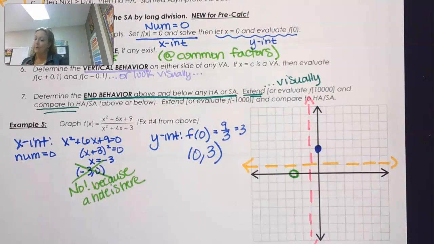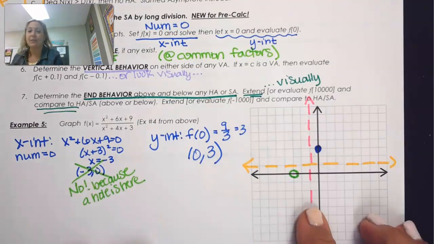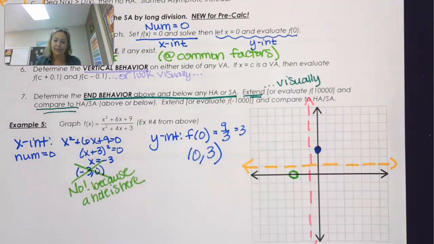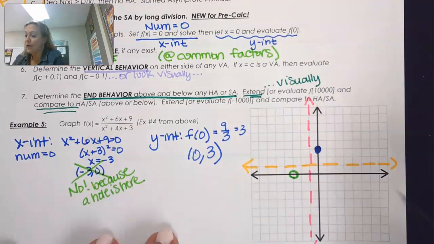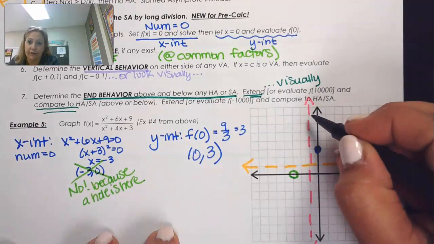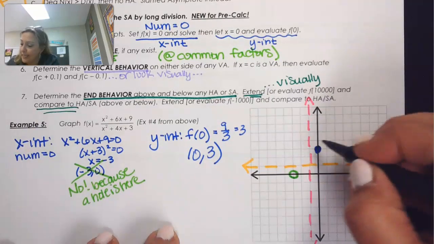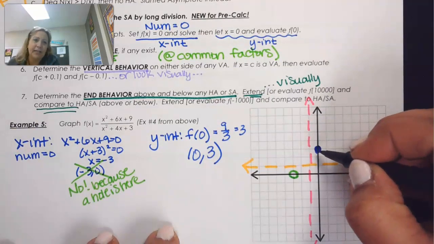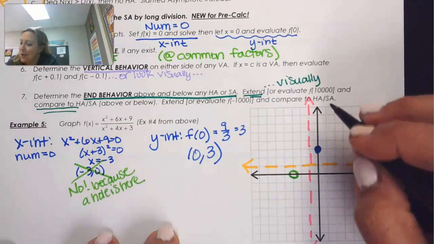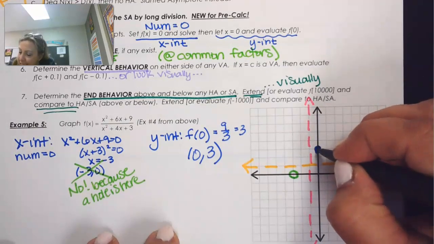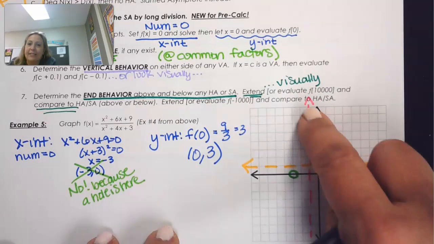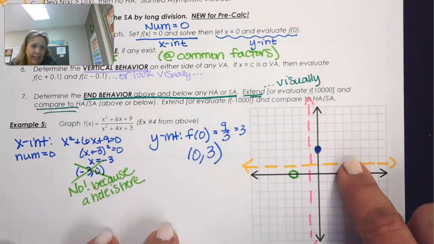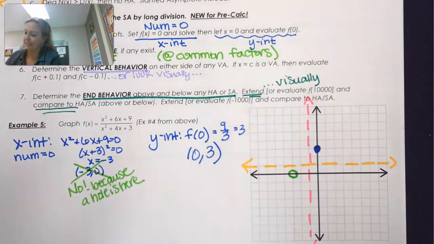And so now what we want to do is determine the vertical and the end behavior. You guys, when it's like this, it's pretty obvious based on your knowledge of the rational functions where this is going to go. We know it's not going to cross our vertical asymptote. So what's going to happen over here, I don't know why I'm starting on the top, usually I start on the left, but what's going to happen over here is that we know that the asymptotes are going to bind that function, right? Like it's not going to cross those pieces.